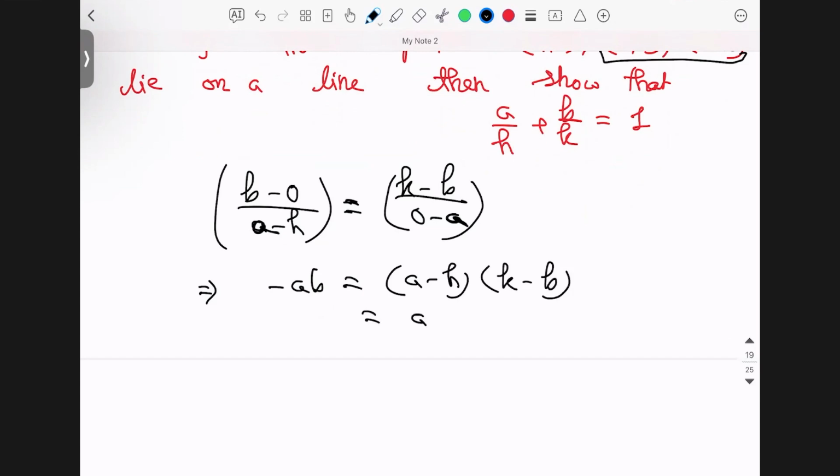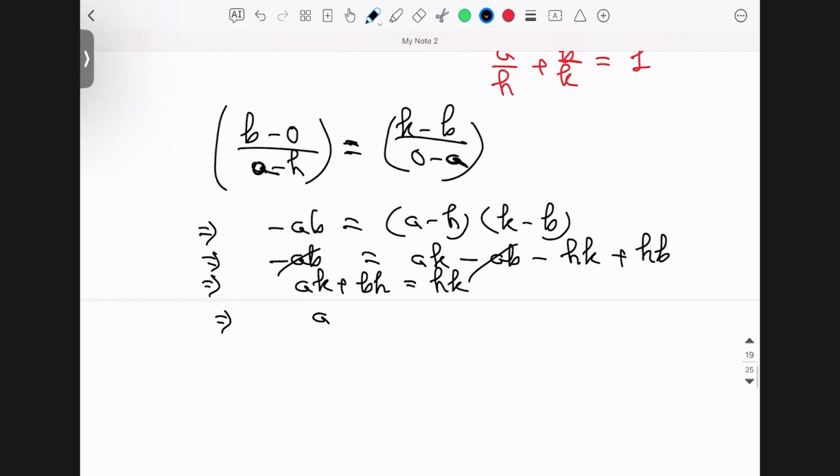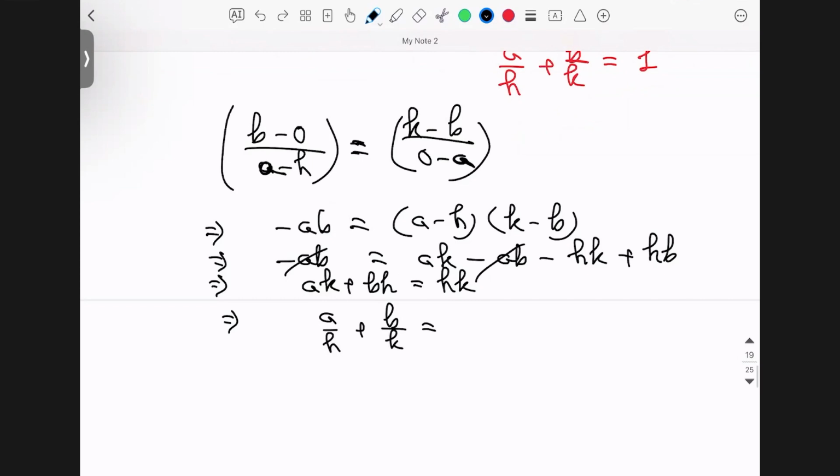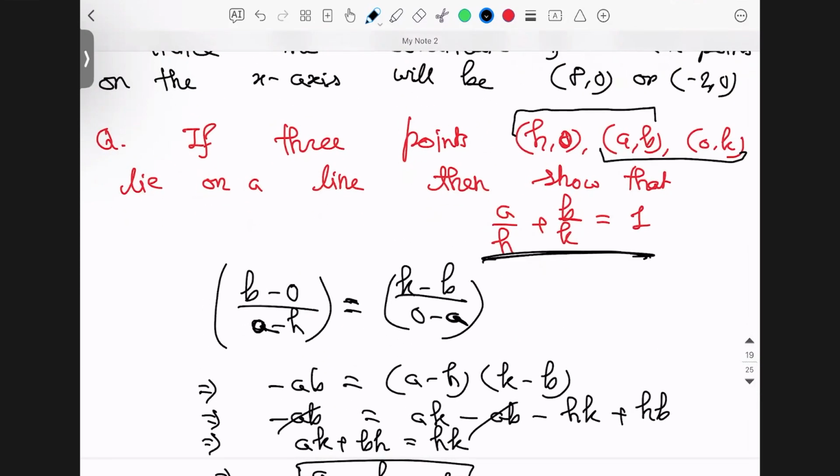This ultimately gives us ak minus ab minus hk plus hb equals minus ab. This gets cancelled and ultimately we get ak plus bh equals hk. And if I divide both sides by hk, we obtain a by h plus b by k equals 1. So this is the required relation demanded in the question.